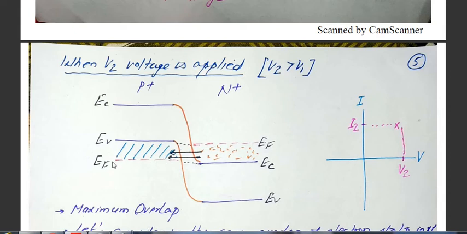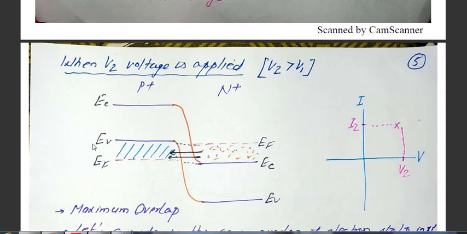This is the Fermi level towards the P plus side and this is the Fermi level towards the N plus side. Here we have assumed that we are having maximum overlap at a particular voltage V2. So let's consider in this case overlap of electron states in the N side equals the other side's hole states.